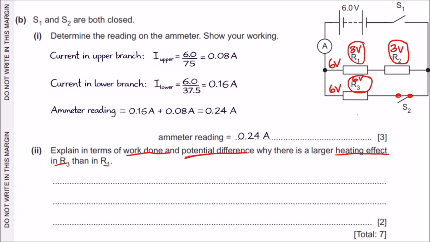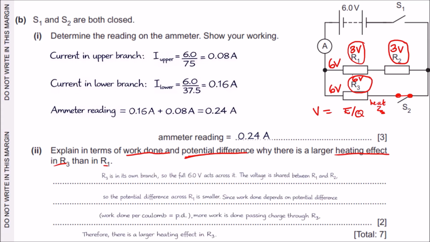Now, voltage is the energy per unit charge. In other words, voltage is work done per unit charge in passing through a component. Across R1, there is 3 volts, meaning less energy is being dissipated in moving a coulomb of charge across R1.